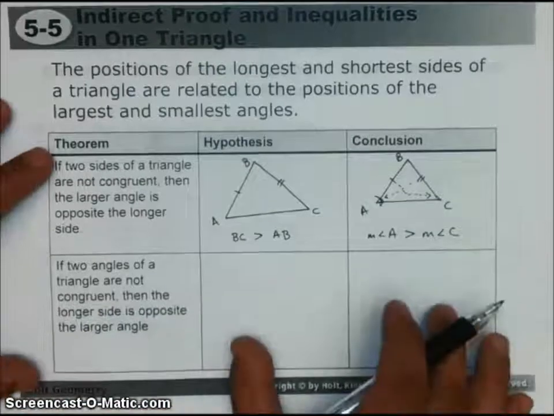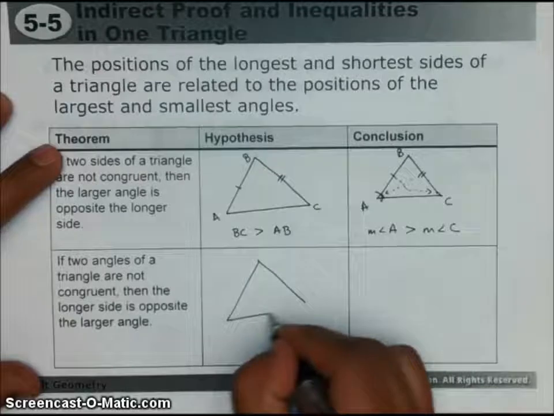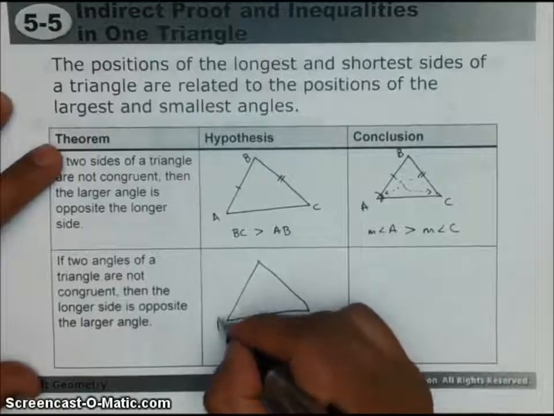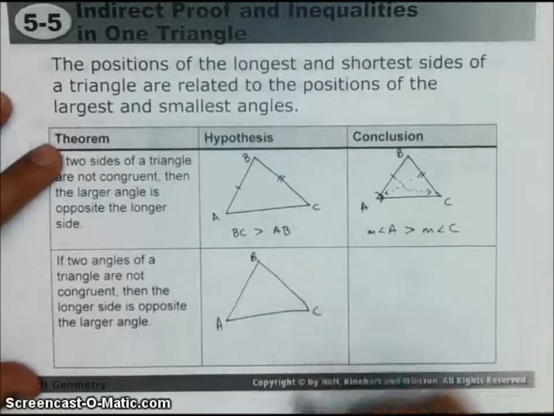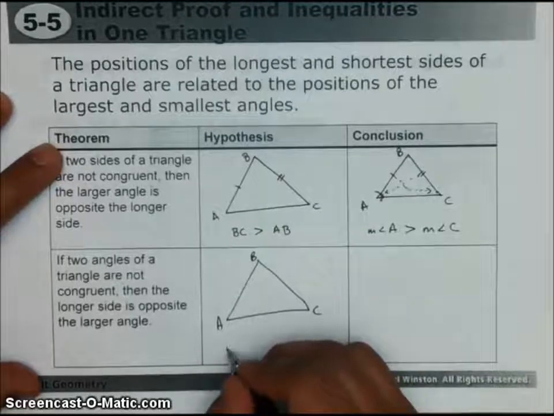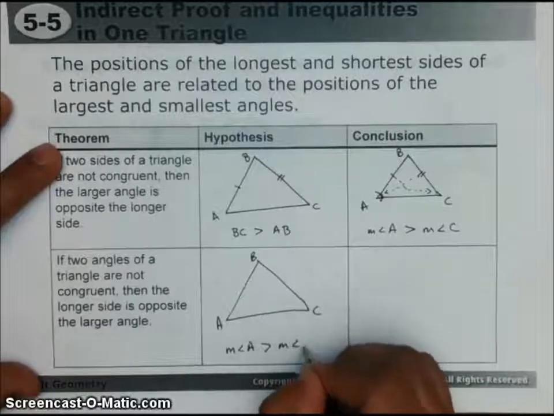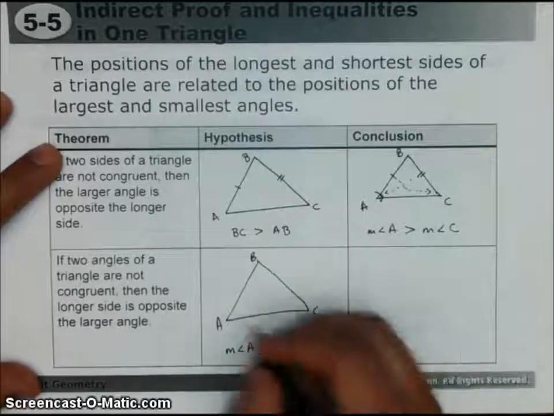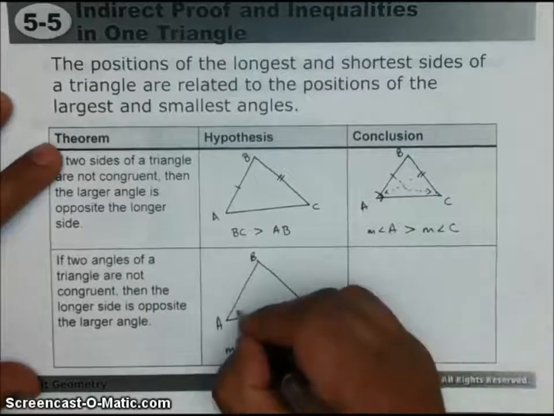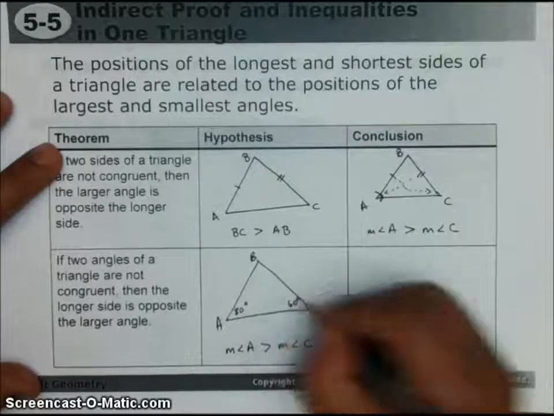And kind of the converse of that, if I have the same triangle here, A, B, and C, and I know that the measure of angle A is greater than the measure of angle C. So let's just say that this is 80 degrees and this is, say, 60 degrees.